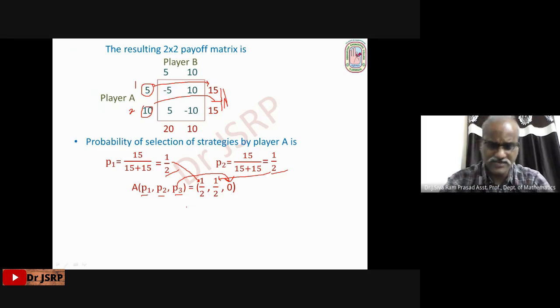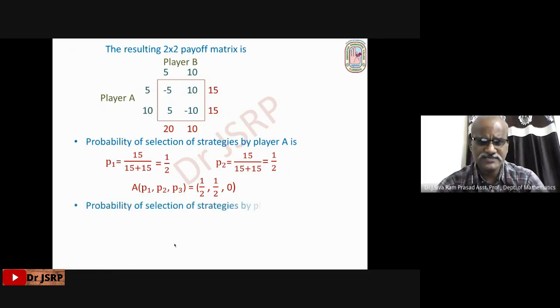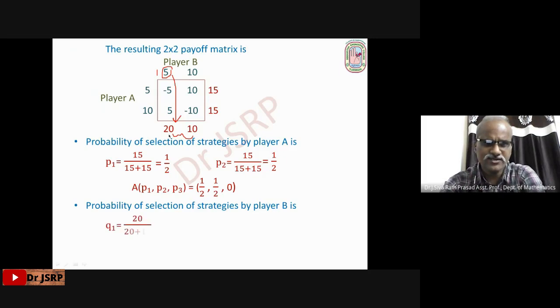Similarly, find probabilities of selection of strategies of player B. Next, the probability of selection of strategies by player B is, here 5 is the first strategy of player B. So Q1 equals, for this, the opposite difference 20 by the sum of these two values, 20 plus 10. So Q1 equals 20 by 20 plus 10, that is 2 by 3. Next, 10 is the second strategy.